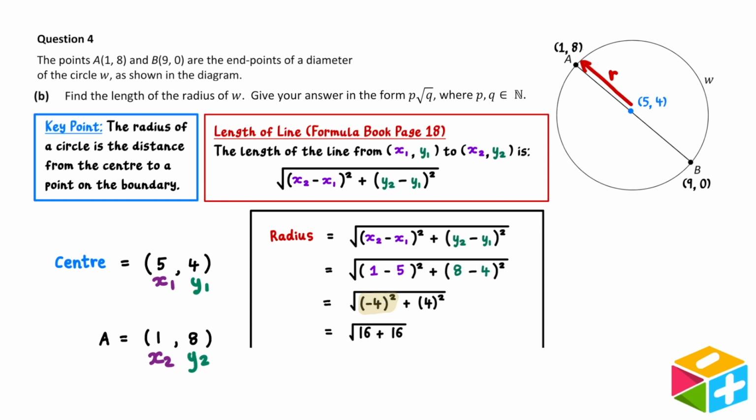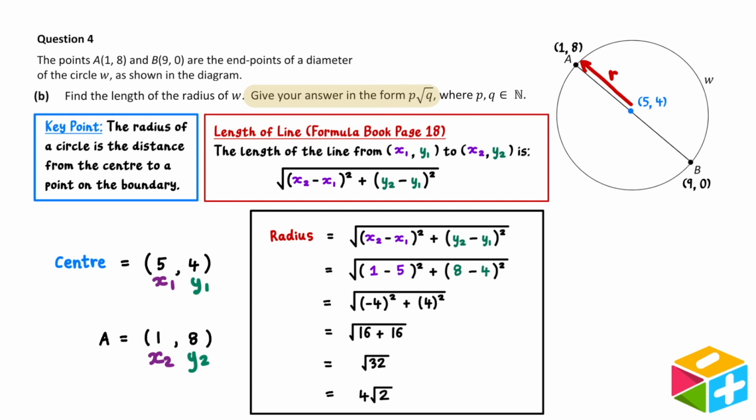Minus 4 squared is 16, and 4 squared is 16. 16 plus 16 is 32, so we end up with the square root of 32. If we type this into our calculator, it automatically simplifies the expression to 4 times the square root of 2. We had to do this last step because we were asked to give our answer in the form p times the square root of q.